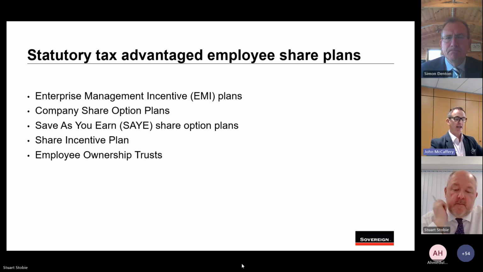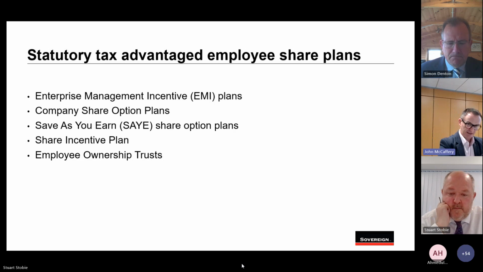Now, if the shares stay in the trust for 5 years, when they receive the shares, they receive them free of tax. And if they sell them straight away, they don't pay capital gains tax. If they keep hold of them and there's a growth in value, they will pay capital gains tax from that point forward.